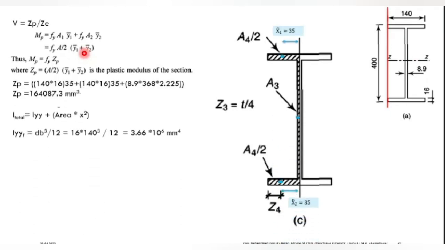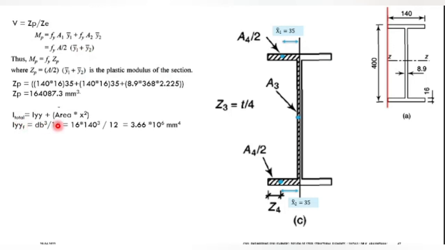Hence you will be getting IYY as dB cube by 12. Now what is the depth of the flange, which is 16, and what is the width of the flange, which is 140. So depth is 16 and breadth is 140 cube, divided by 12. You will be getting 3.66 into 10 power 6 as the answer. Now if you want to find area into distance square, your total area is 140 into 16. We are considering only this flange.